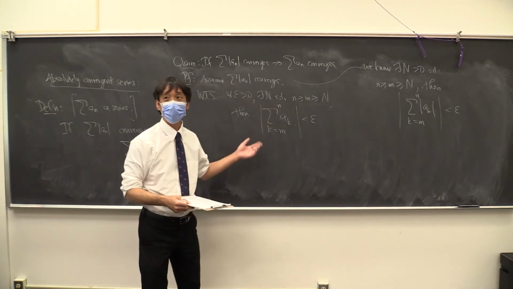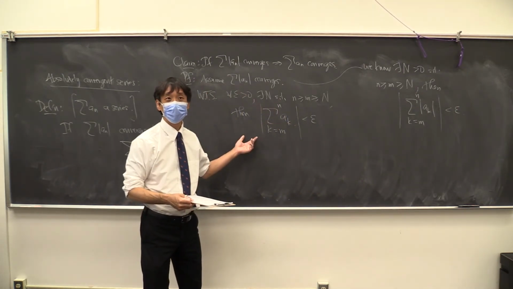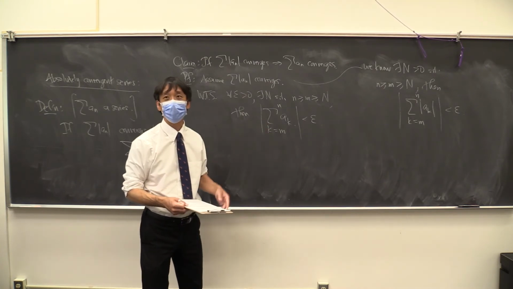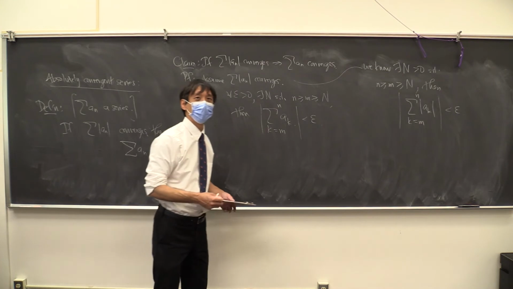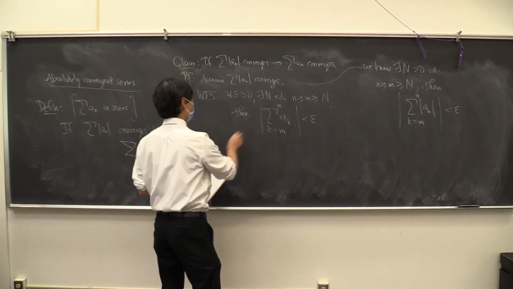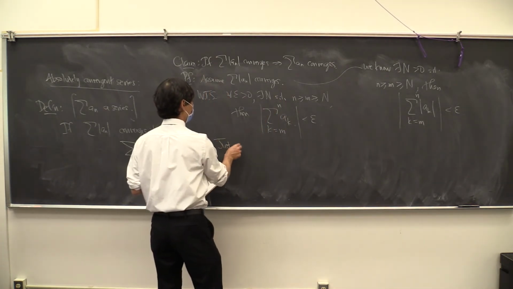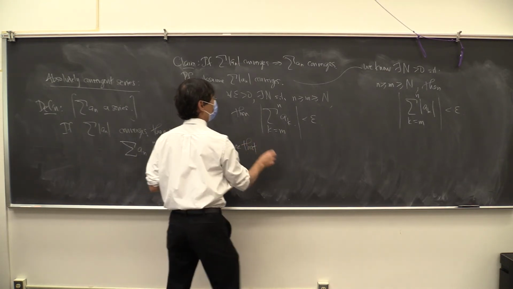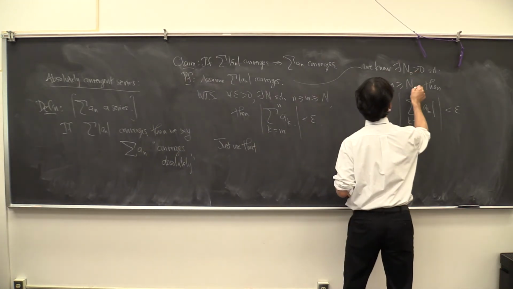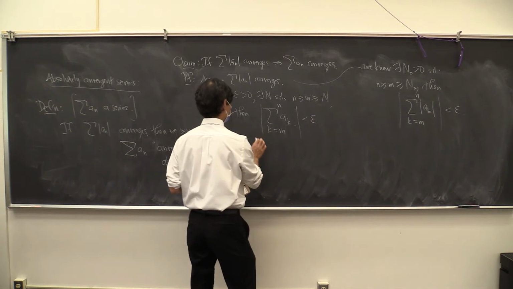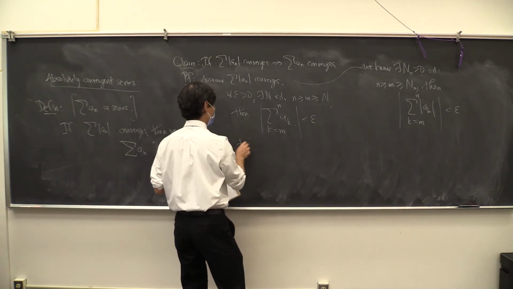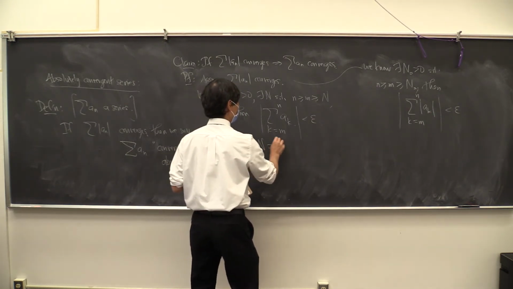So what do we need to say? By the triangle inequality, we are done. So just use that N, let's call it N naught. Just take N to be N naught.